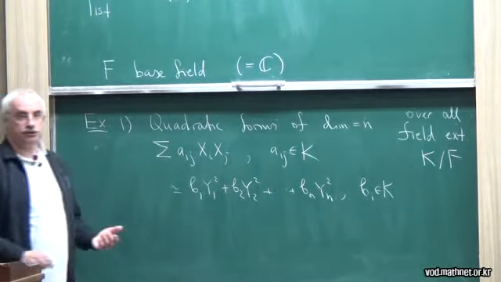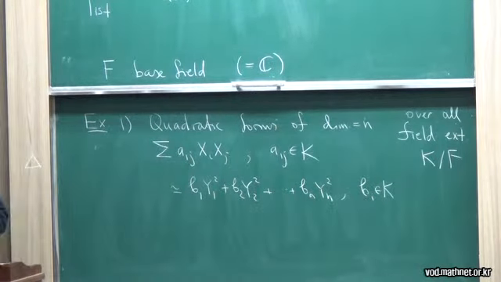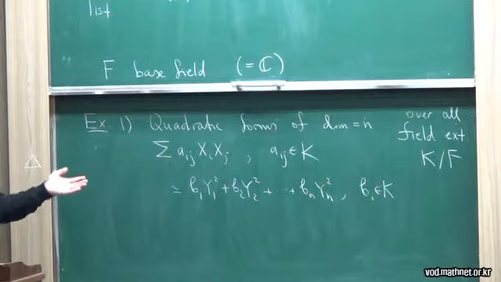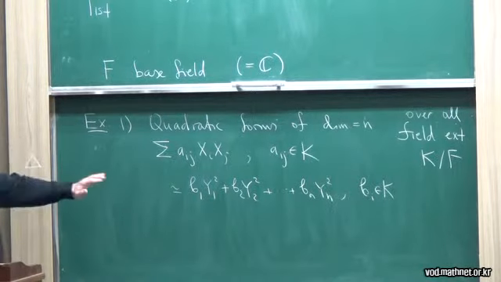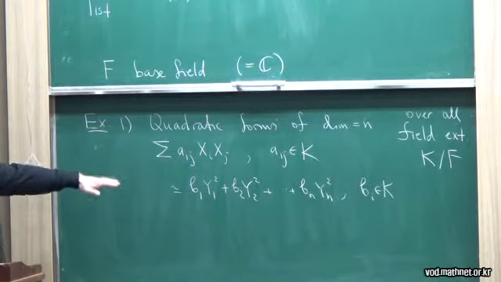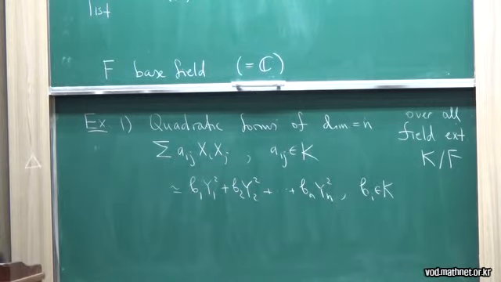So it is sufficient to take only n parameters to give a quadratic form. So we can say that the essential dimension, the complexity of this class of objects, is at most n. And it turns out that you cannot do better than that. So the essential dimension of this class of objects is equal to n.